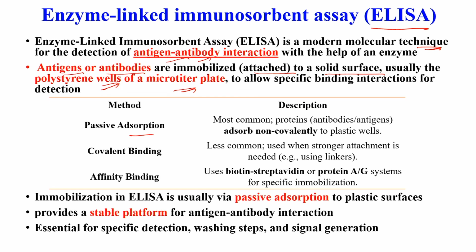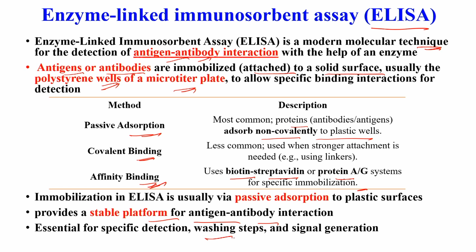Now, one can have passive adsorption, covalent binding or affinity binding of either antigen or antibody on the surface. Passive adsorption is most common, proteins adsorb non-covalently on plastic wells. One can use affinity, so for this biotin streptavidin or protein A/G system for the specific immobilization.